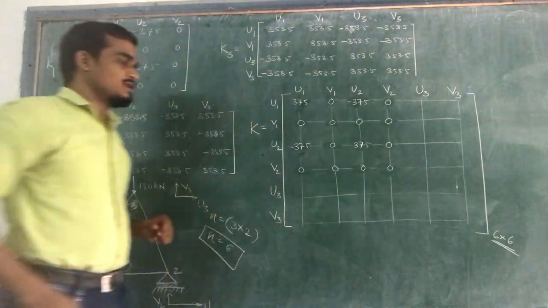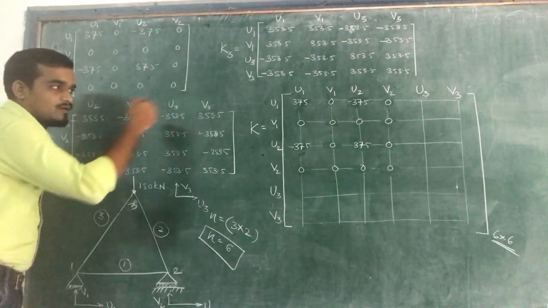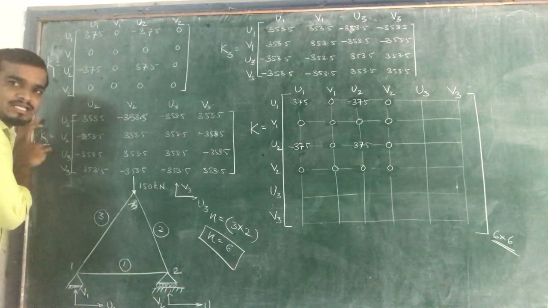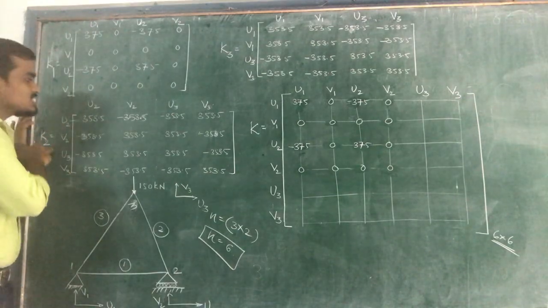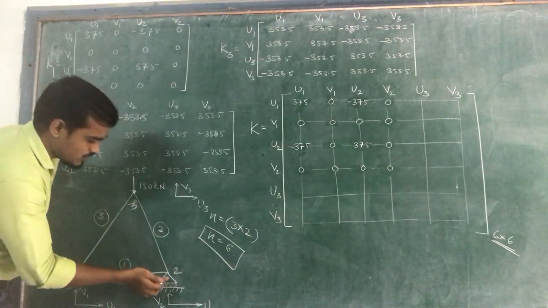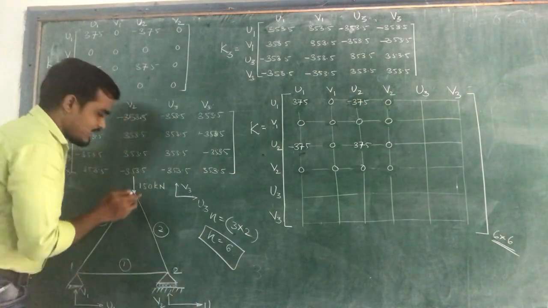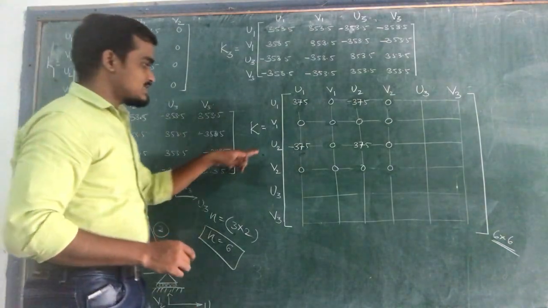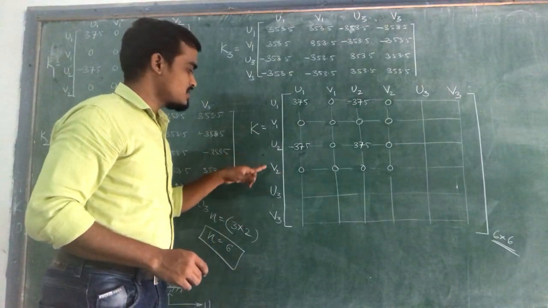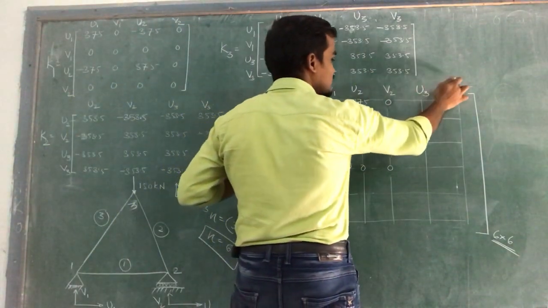Similarly, now we will write our elemental stiffness matrix for the second element into the global stiffness matrix. The connectivity of this second elemental stiffness matrix is between node 2 and node 3, so the displacements vary from u2 v2 to u3 v3. So that is the third, fourth, fifth and sixth rows as well as the third, fourth, fifth and sixth columns.